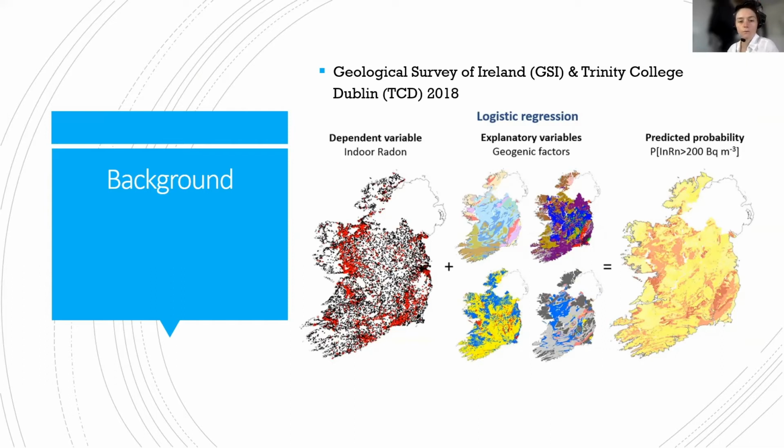They used 4 geogenic factors as explanatory variables and the indoor radon measurement points as the dependent variable. Those geogenic factors take into account the bedrock, the quaternary geology, the aquifer type, and the subsoil permeability.